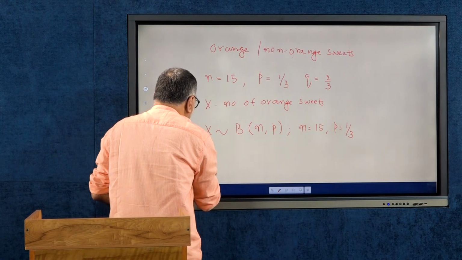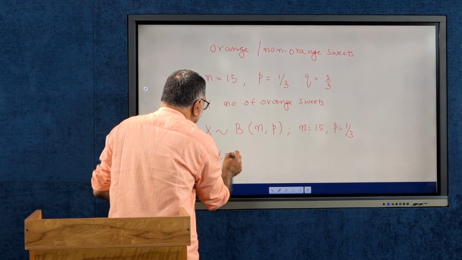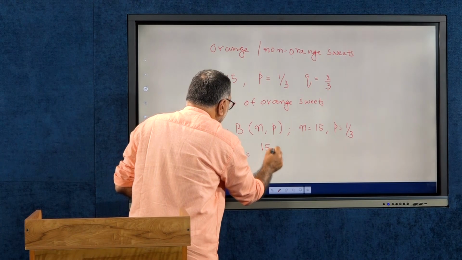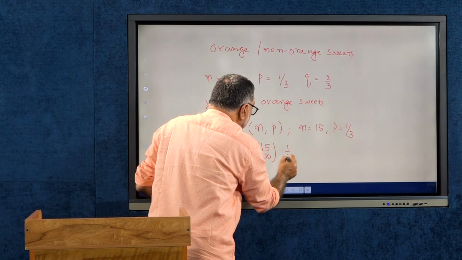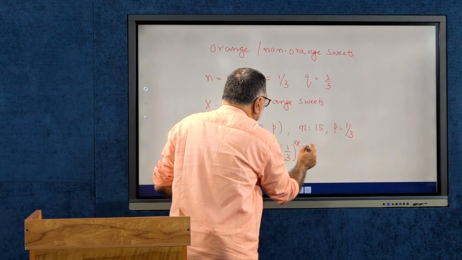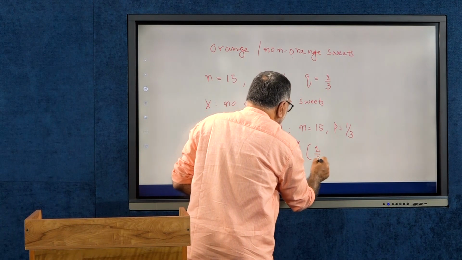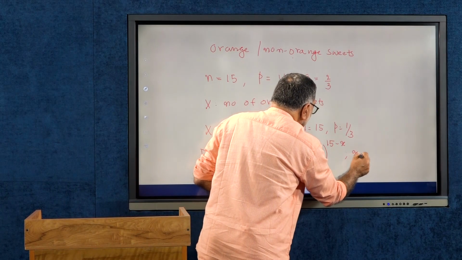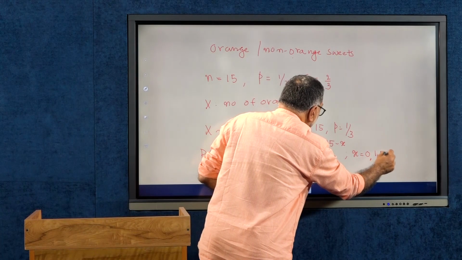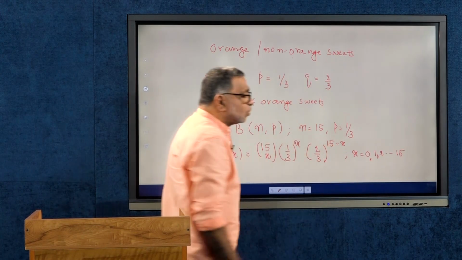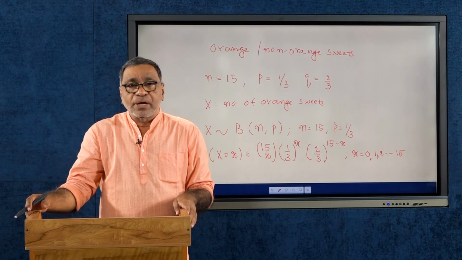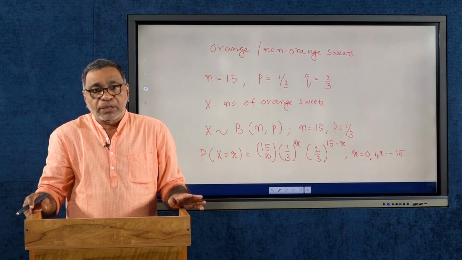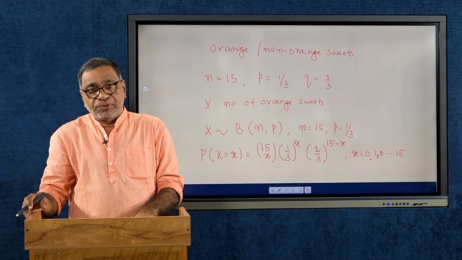Hence the probability mass function we can write: probability of X equal to x is 15Cx, p power x, that is 1 by 3 power x, q power 15 minus x, that is 2 by 3 power 15 minus x, where x has the values 0, 1, 2 up to 15.